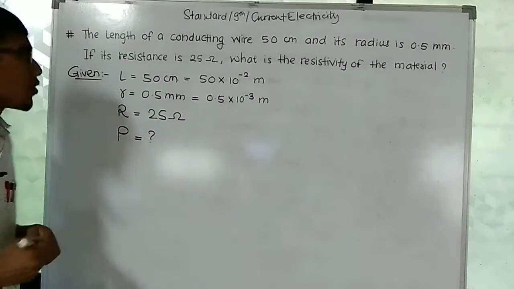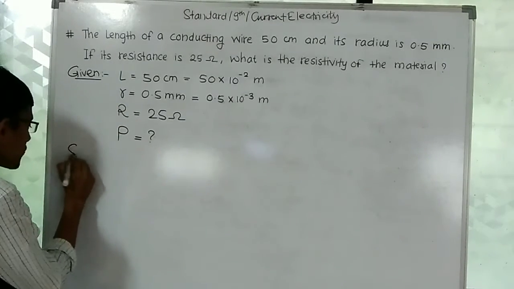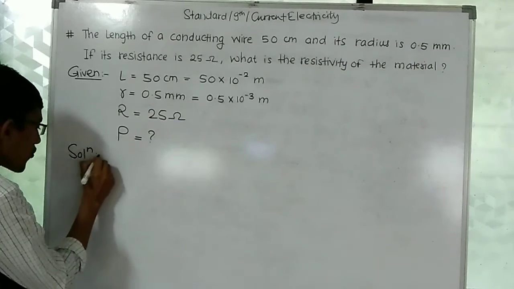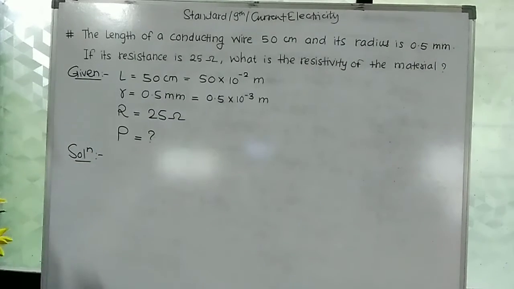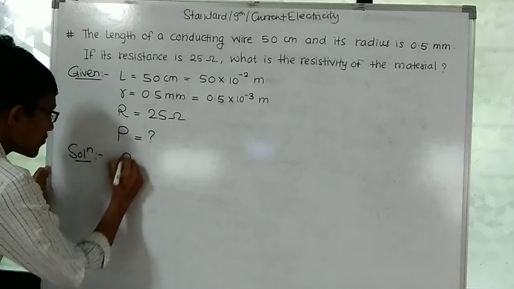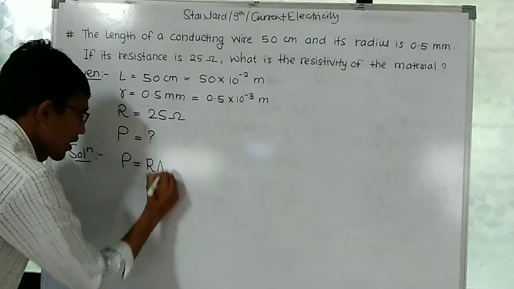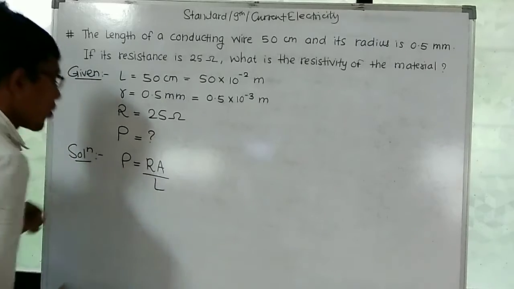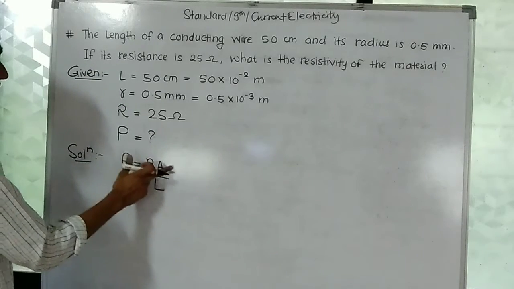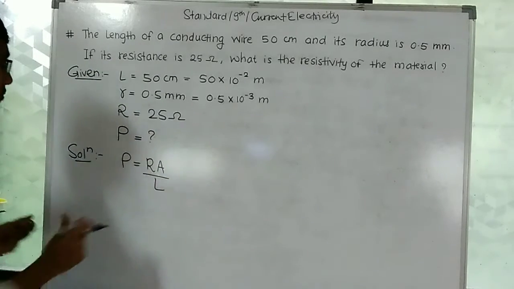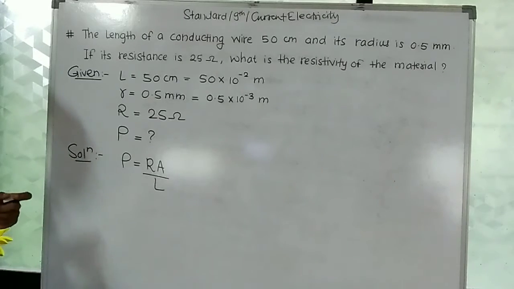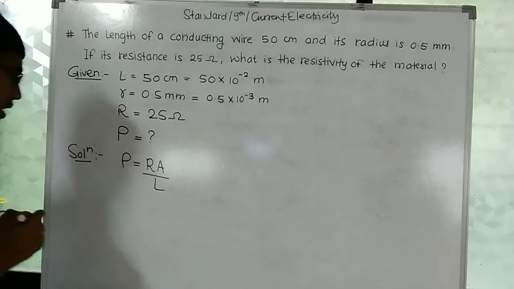Now we know the formula of resistivity, and what is the formula of resistivity? It is equal to RA upon L, where R is the resistance, A is the area of cross section, and L is the length of conducting wire.